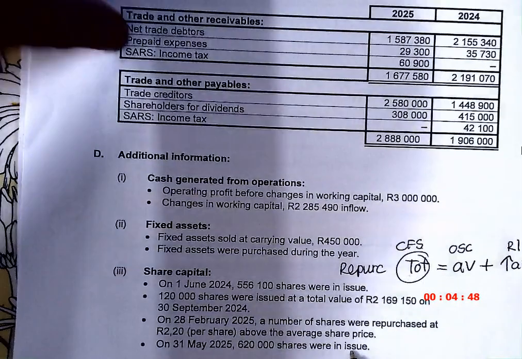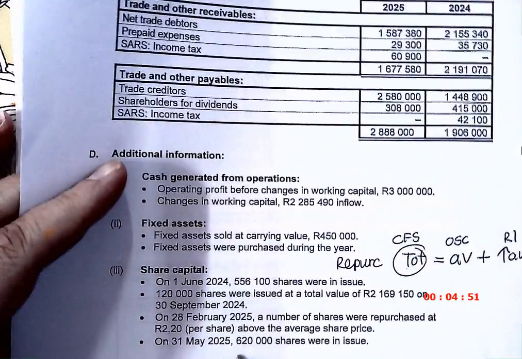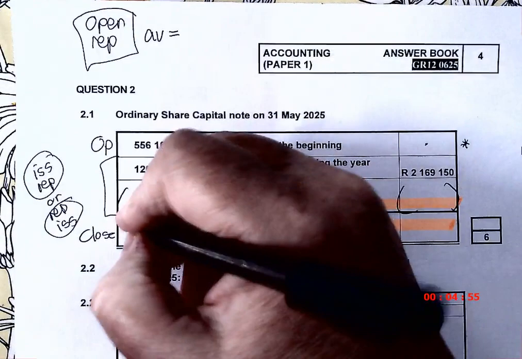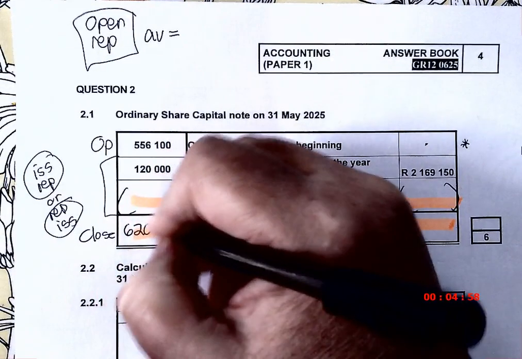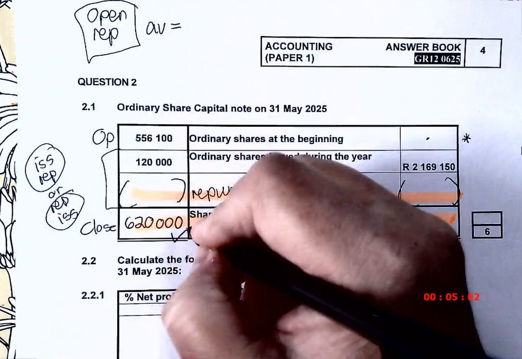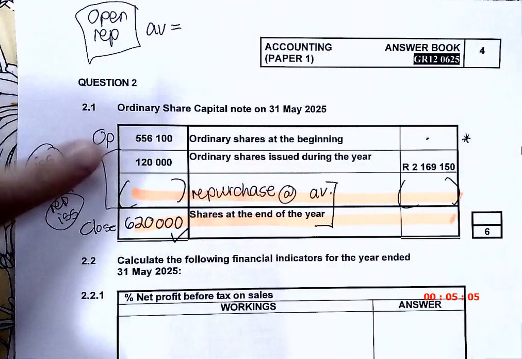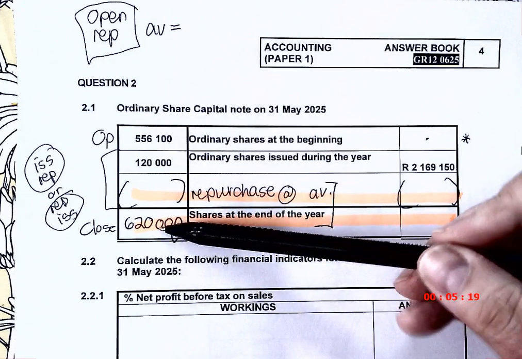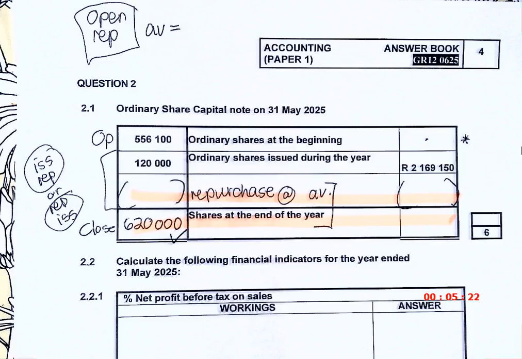So now let's go look. At the end of the year, they say I've got 620,000 shares left. Can you see? So already I got a tick there. Now I can calculate how many shares I repurchased. I have to work back. When I reverse, when I have an answer, this looks like an equation.